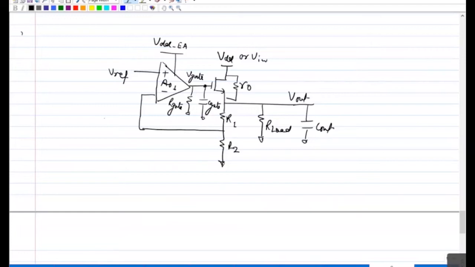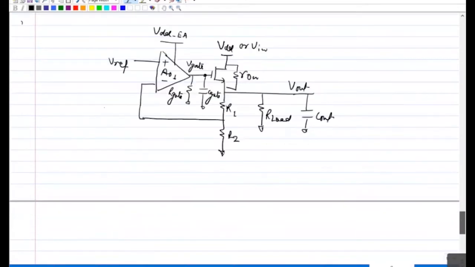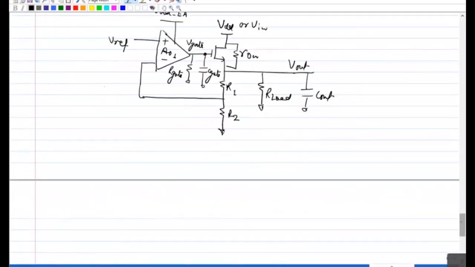If I call it RON, how much portion of Vin will appear at Vout? Let's say you don't have any suppression from the feedback. Just think about an open loop.